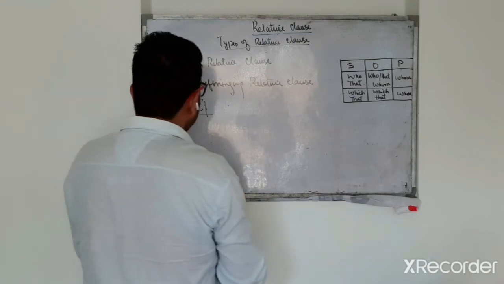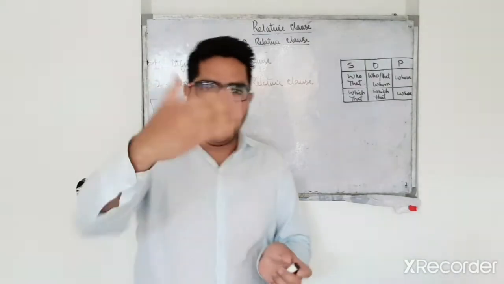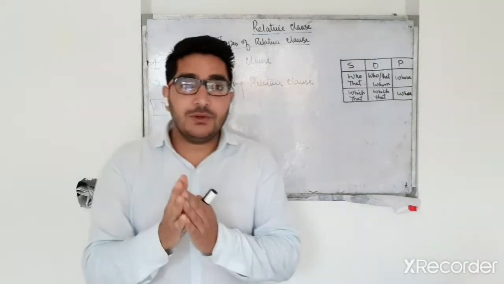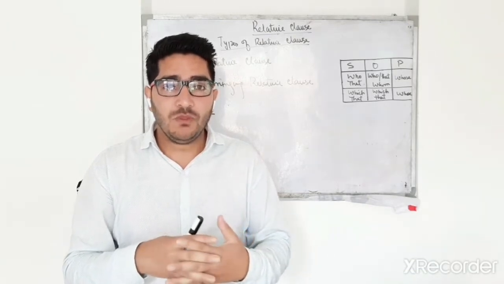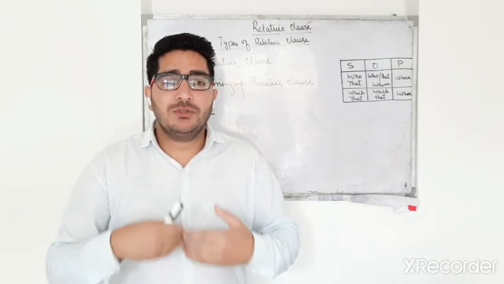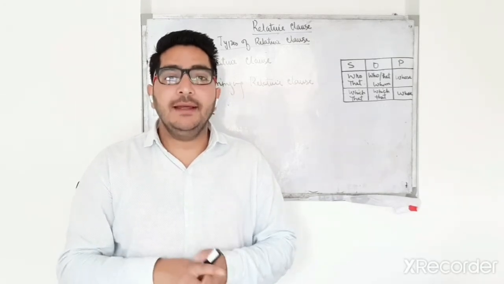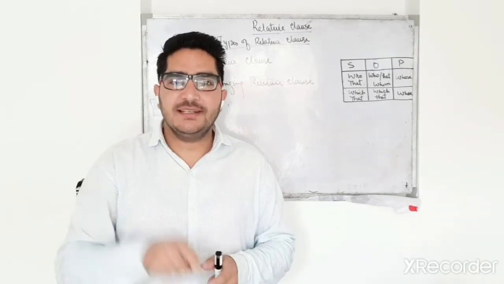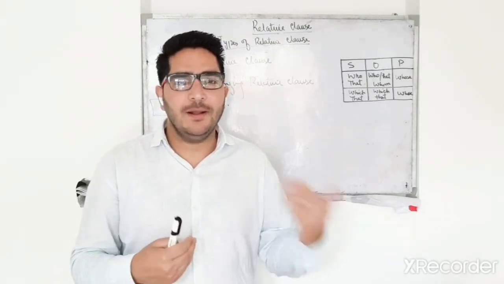Now, non-defining relative clause. See, a defining relative clause is that clause which tells us which noun we are talking about. And if we remove that clause from the sentence, the meaning of the sentence is changed or affected.